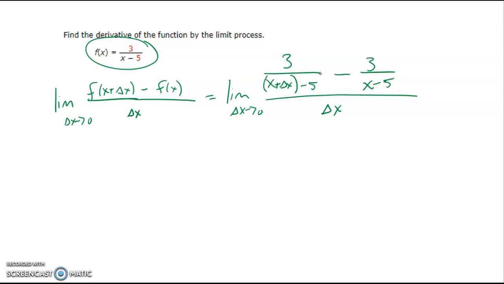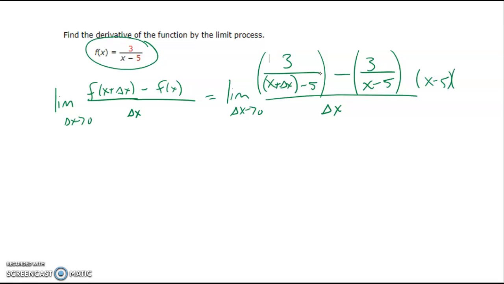And in order for us to do that, to plug in delta x at 0, we got to do some algebra. Okay, so this is a complex fraction. Here's my little fractions, the bigger fraction. And if you remember from algebra, we have to multiply by the LCD, which is the product, in this case, the product of these two denominators.